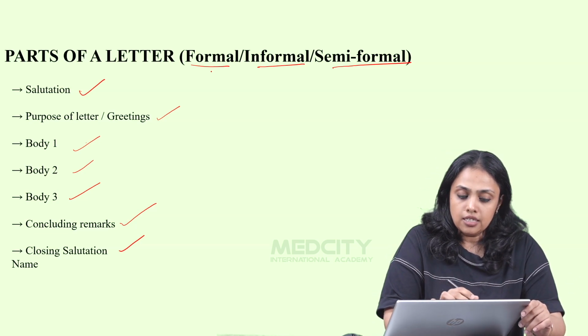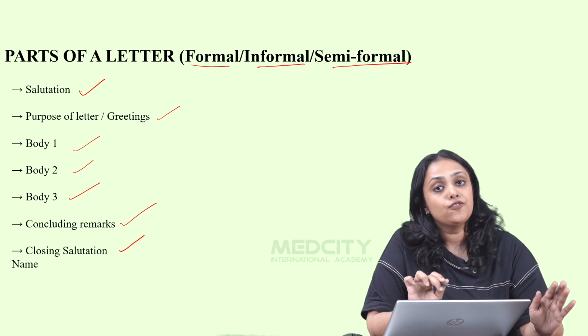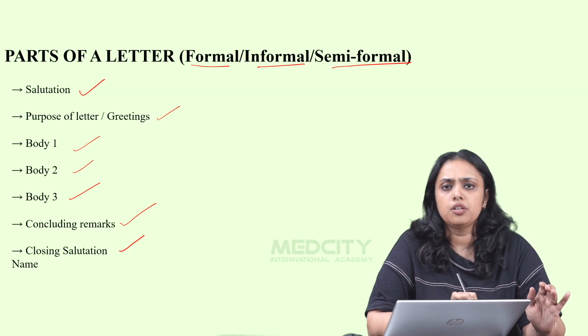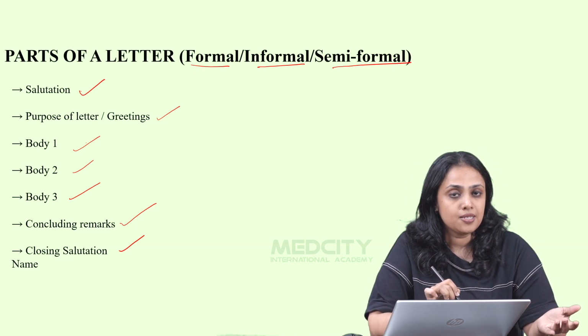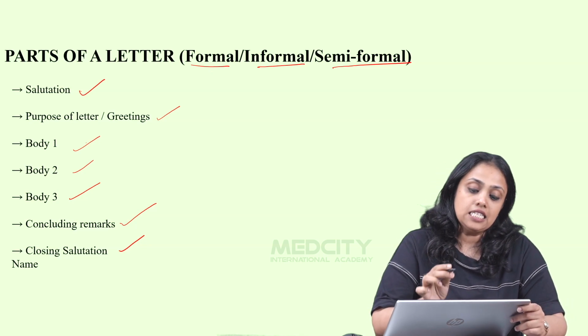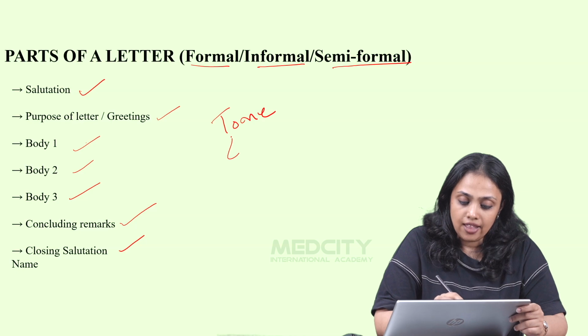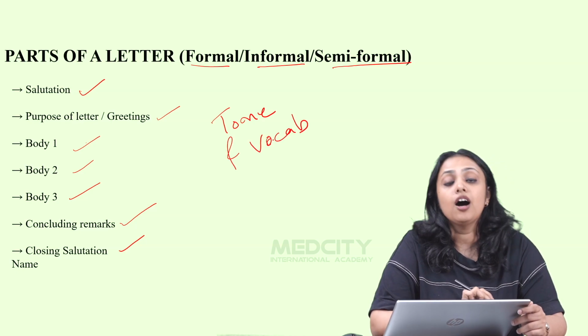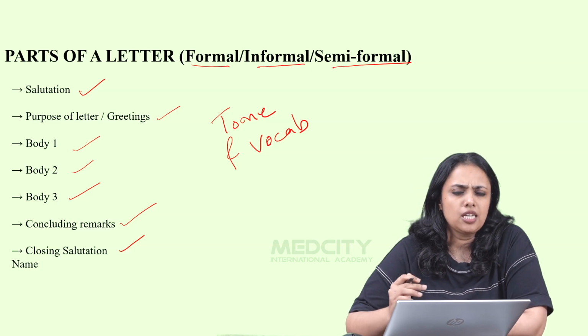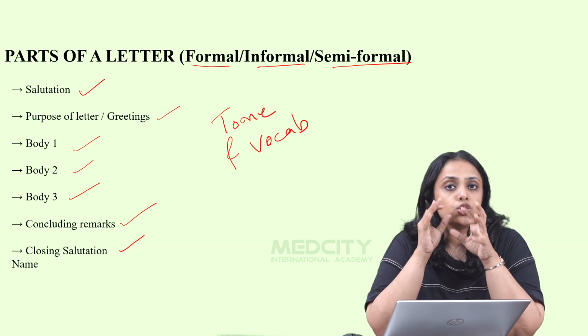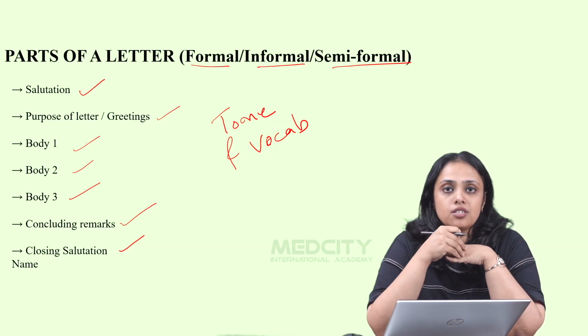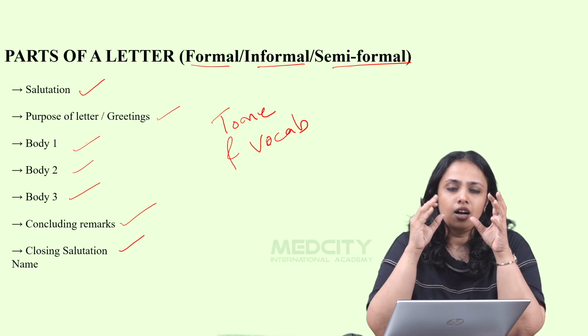Now, whether it is a formal, informal or semi-formal letter, the structure remains the same. Then what is the difference? The difference lies in the tone of the letter and the vocab. The tone and vocab, or the kind of words used, are not the same across the different types.